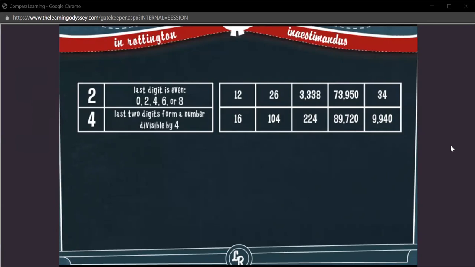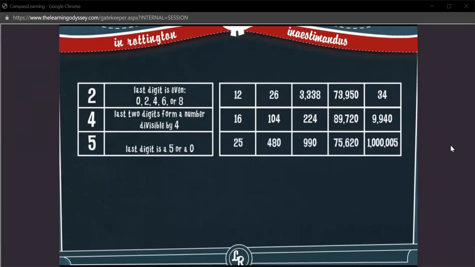A number is divisible by 5 if the last digit is a 5 or a 0. 25, 480, 990, 75,620, and 1,000,005, for example. Grandmummy also said that divisibility by 10 is the easiest of all. And she was right.